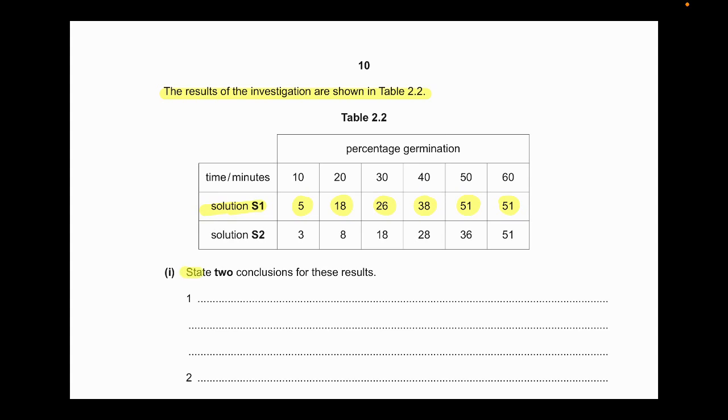So state a conclusion for these results. The pollen germinated faster in S1 than in S2 because the values of S1 are always greater than S2 until 50 minutes. By 60 minutes, there was no difference between the percentage germination for both solutions.